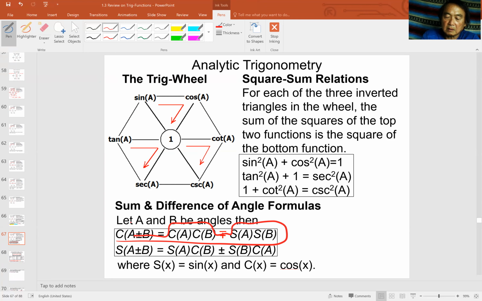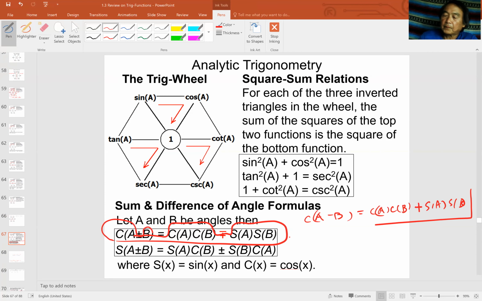Cosine of A minus B is cosine A cosine B plus sine A sine B. Very important, this formula.